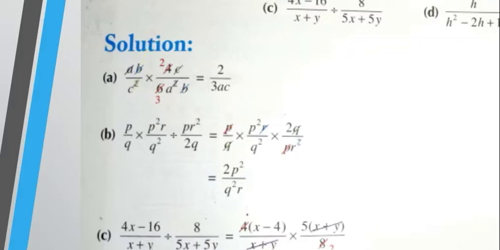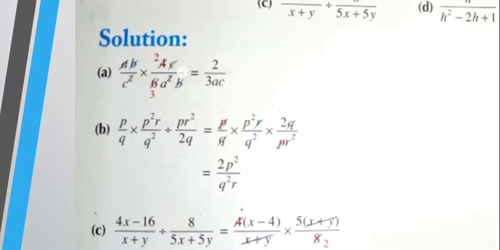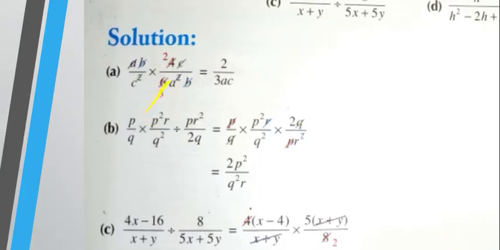For B, cancel out also. For C, we have one C to the power of 1 here, and C to the power of 2 here. That's why you still have one C in the denominator. And then lastly, the 4 and 6, you can cancel them also, becoming 2 and 3, so 2 over 3.